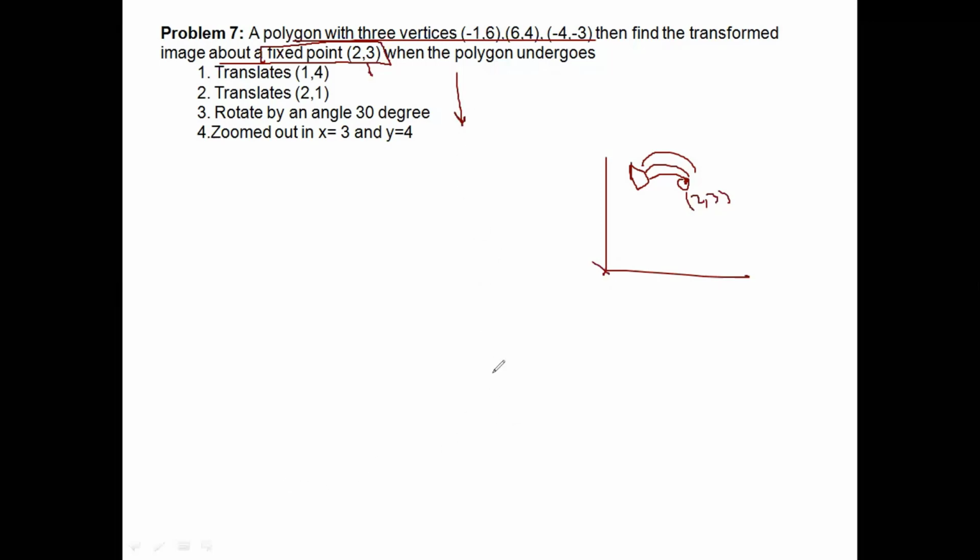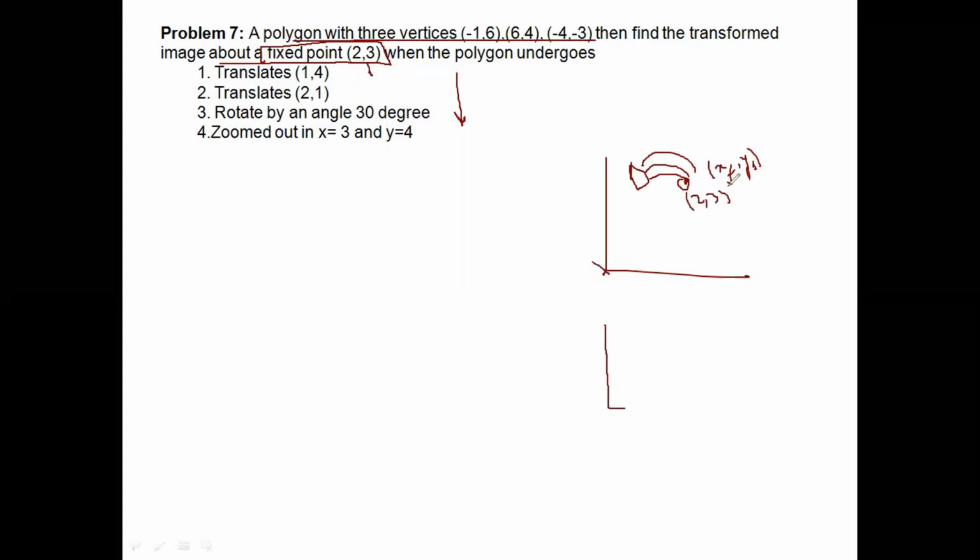What steps do we follow when we have to perform the transformation about a fixed point? First we have to bring this fixed point, xf and yf, to the origin, and we follow the same procedure as we followed in scaling about a fixed point and rotation about a fixed point.